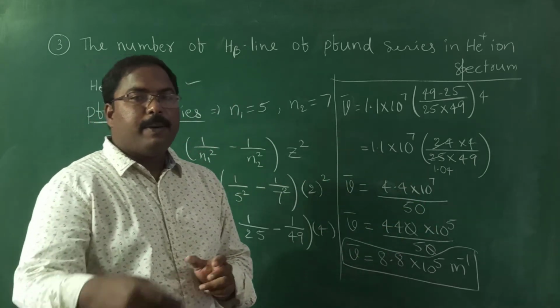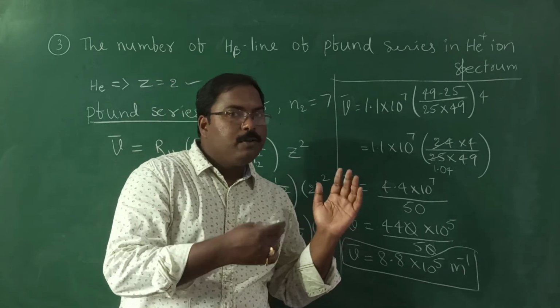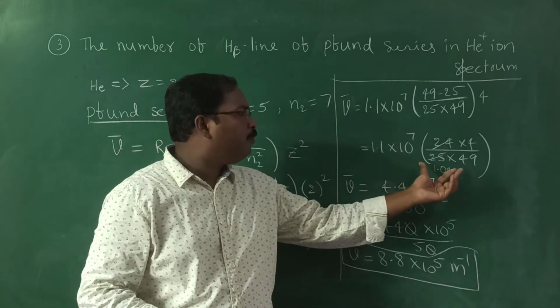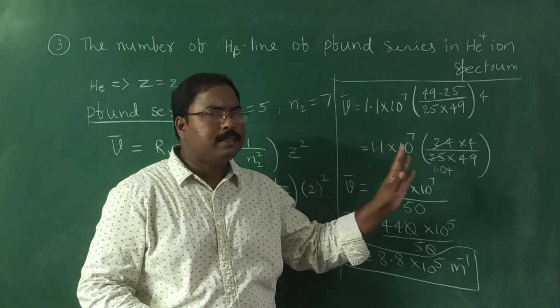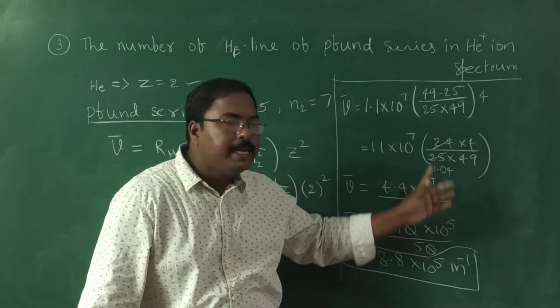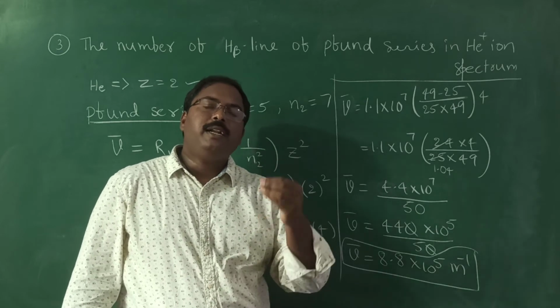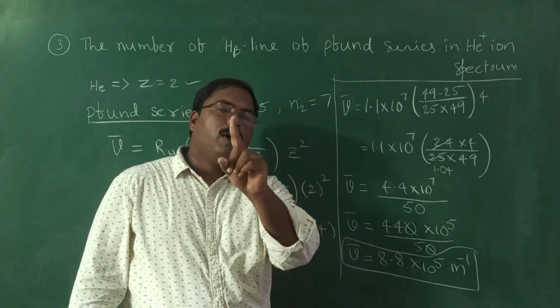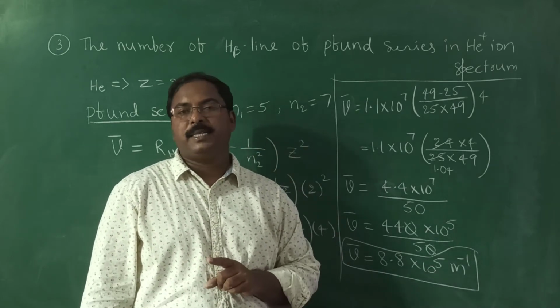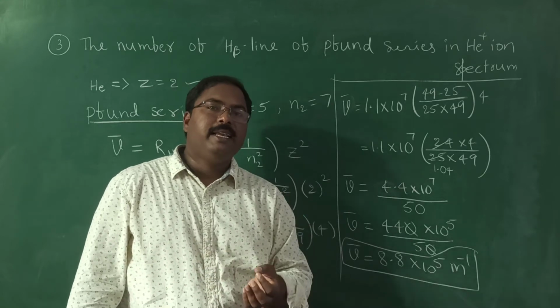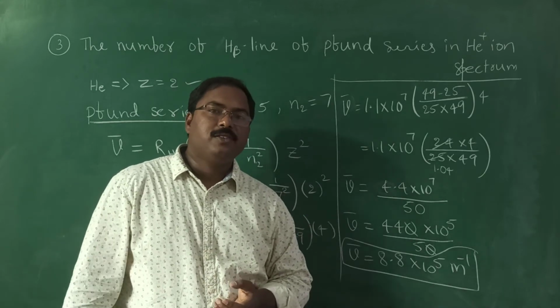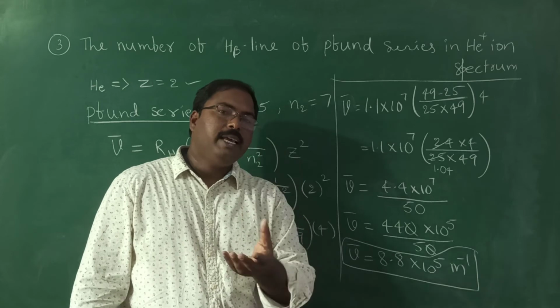Okay. Somebody may try in calculators or will take more time. Minimum at least 2 to 3 minutes you will take to do these multiplications and divisions. But if you spend 2 to 3 minutes for one question in NEET examination or CET or even the JEE, think about CET.